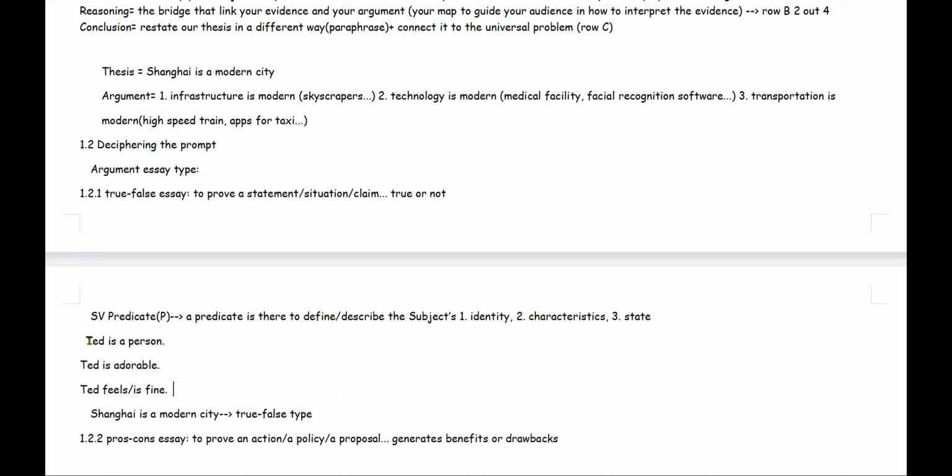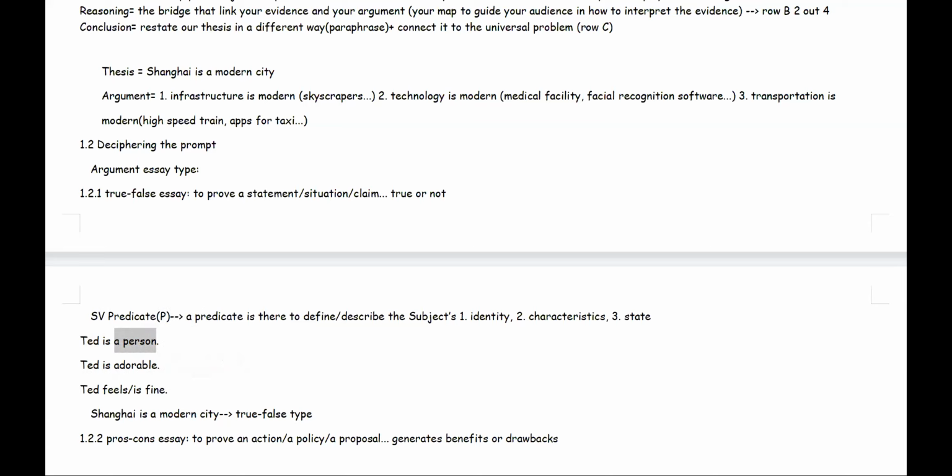So you see, we have three statements right here, each one fitting the subject-verb-predicate syntax. The subject is Ted all the way through. The verb is either a be verb or a linking verb, like feels or is.